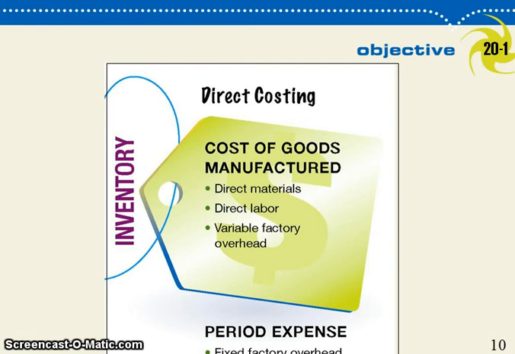Your labor is going to increase if you make more of a product. And variable factory overhead, things like electricity and such, are going to increase the more products you make. So with that, we take all of those fixed costs that really don't have anything to do with the product, and we strip them out, basically. We don't include them when we're trying to decide whether or not a product is making us money or not.